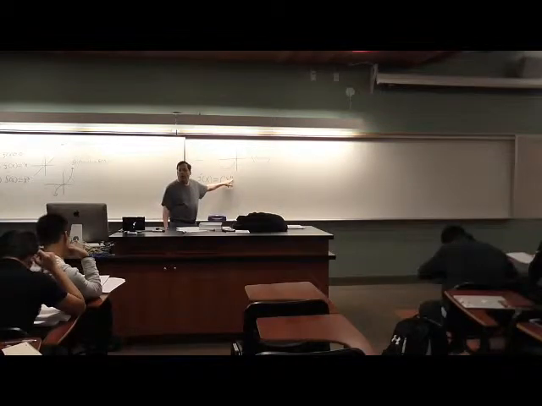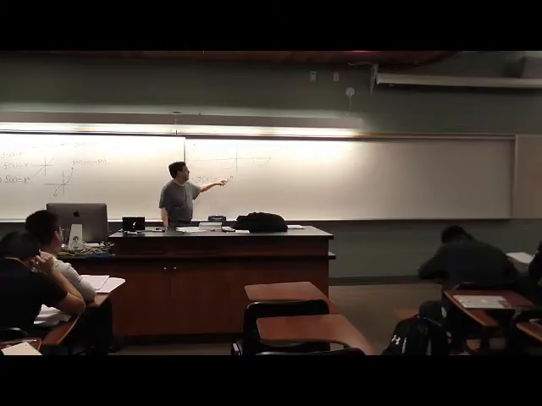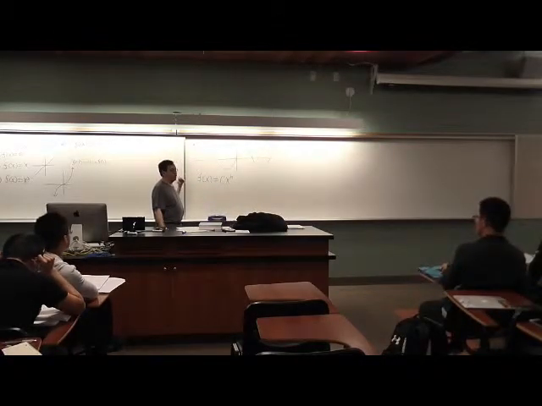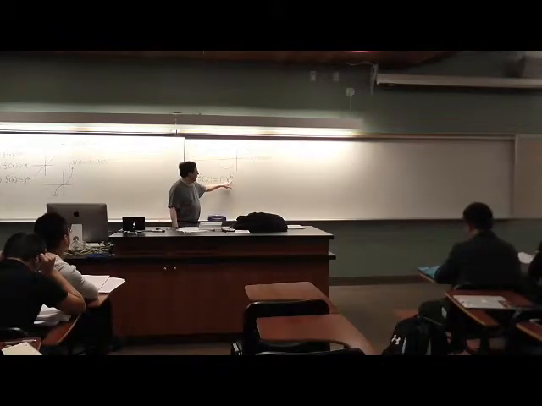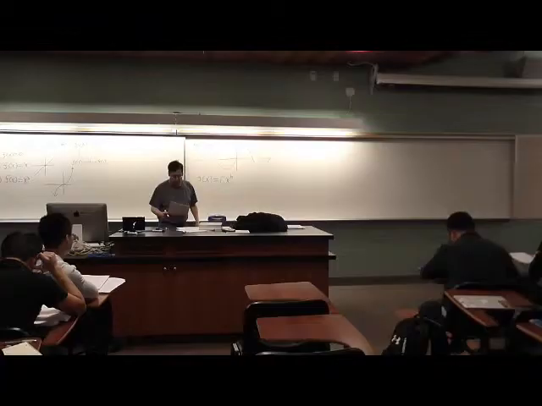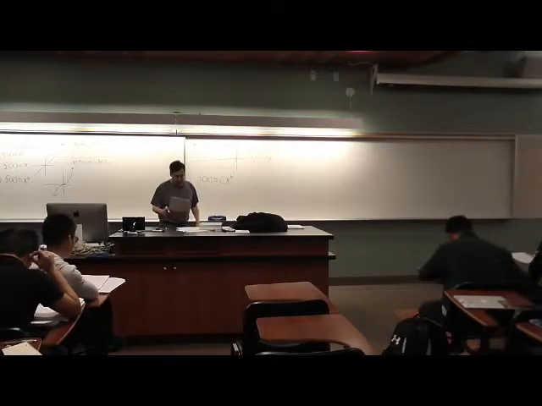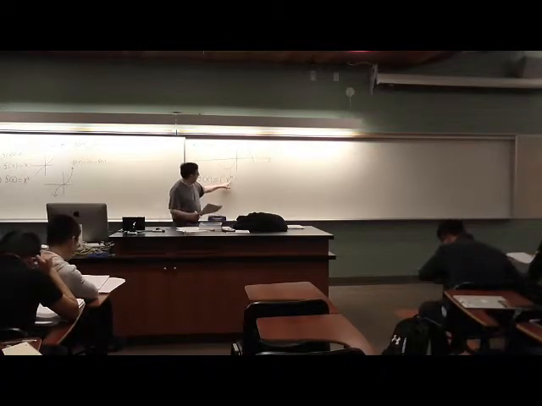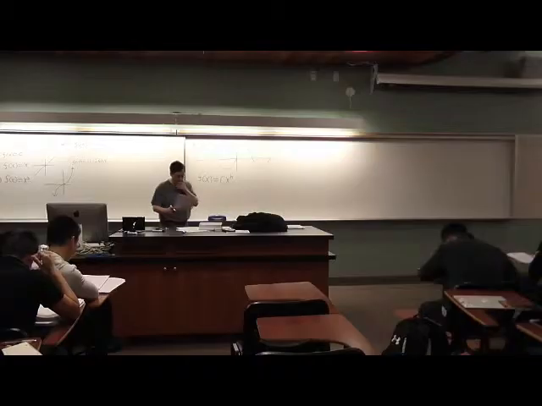If n is odd, it's an odd function, like x and x cubed. If it's even, 2 or 4, then it's going to be an even function. I think that also works if n is like -2, -4.